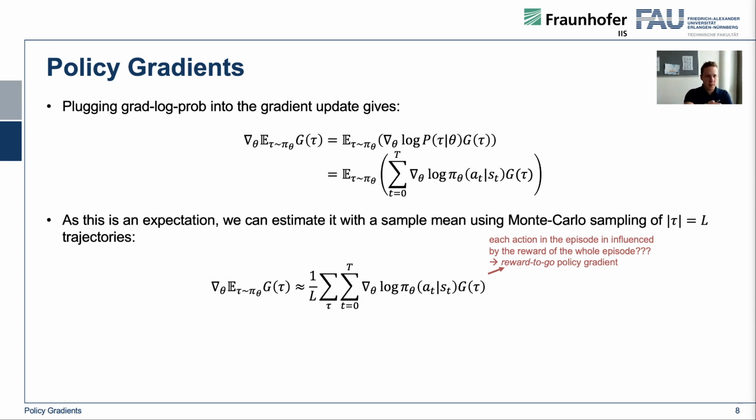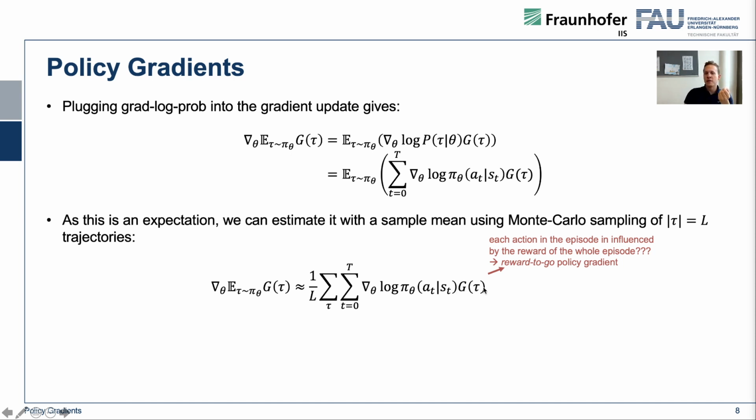You can implement this and you will see that it works, but there might be one thing that looks a little bit weird at first sight. If you're making one action in a certain state more probable than it has been before, you will weight this ascending step depending on the return of the whole trajectory.